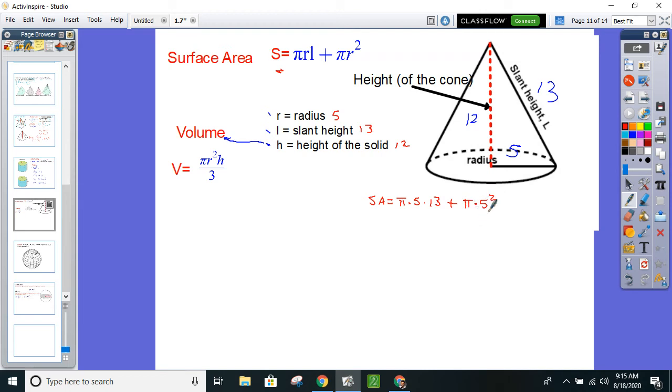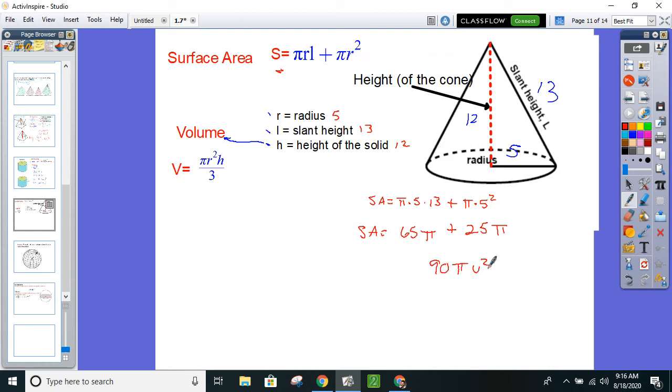So exponents first, so 5 squared is 25, so we get 25 pi over here. We multiply that, we get what, 65 pi? Surface area equals 65 pi plus 25 pi. We add those up, we get 90 pi.